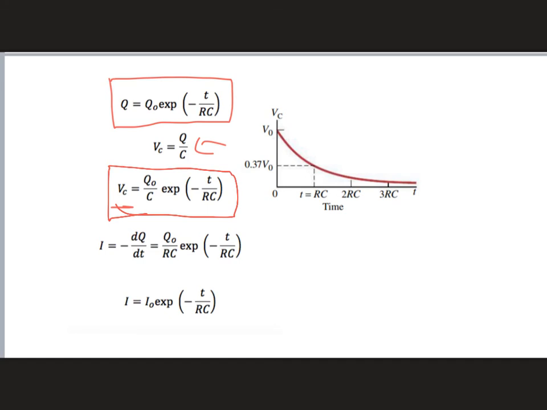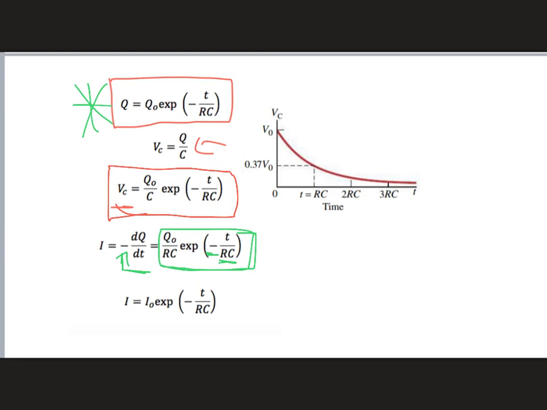And of course, to calculate the current, we simply take the derivative of Q, that's this expression up here, with respect to t, and when you do that, you get this expression here. And remember, our value for current was negative because our charge was decreasing on the capacitor. And so when you take the derivative, you get this minus sign coming out from the chain rule. You get this 1 over RC coming out from the chain rule.